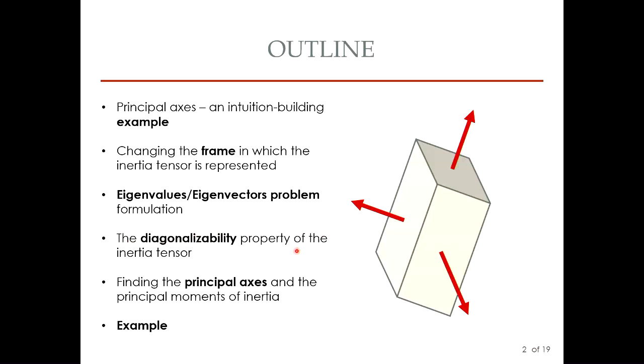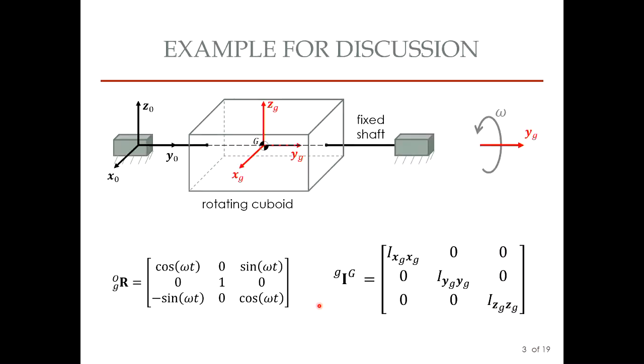And then I will briefly discuss whether it's possible for all shapes, right? And then I'll show you some examples. All right. So for the motivating example, I keep that cuboid because it is very intuitive to understand where the principal axes for that cuboid are.